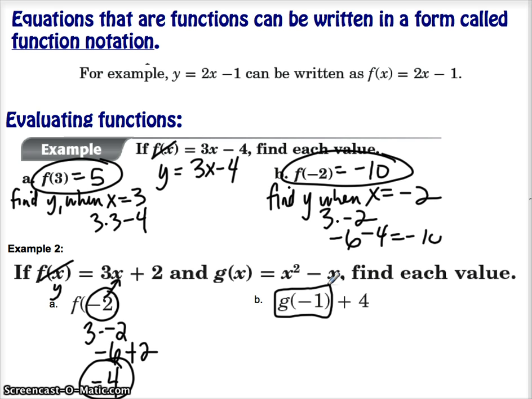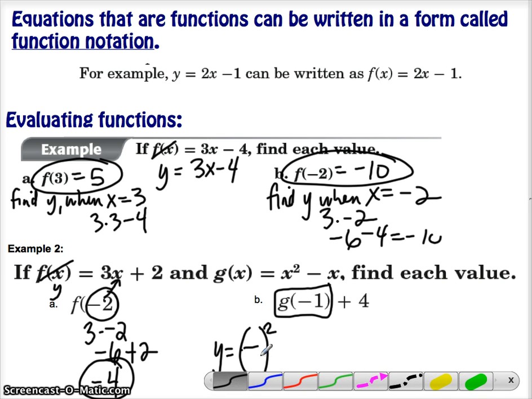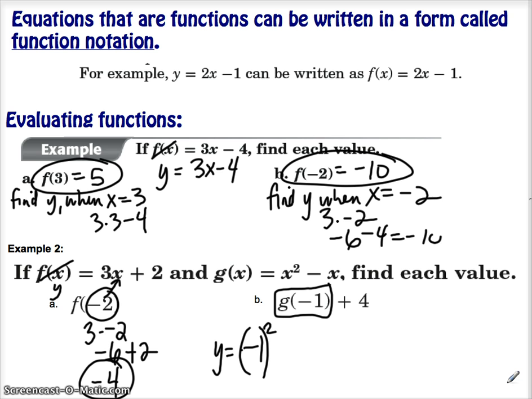So here, g of negative 1, that just means y equals negative 1 squared. Sorry, that looks a little confusing there. Let's erase all of it, make it neater. Alright, negative 1 squared minus x. So minus a negative 1.